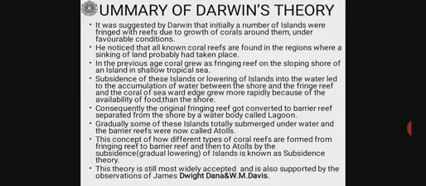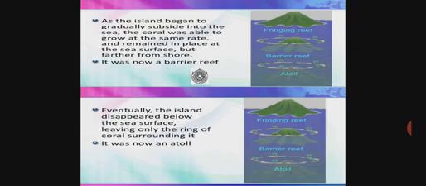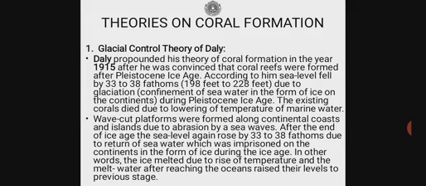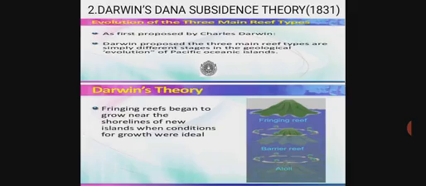So, of the two theories explained, one is Darwin's Dana theory, and the other, which was very popular earlier, is the glacial control theory of Daly.